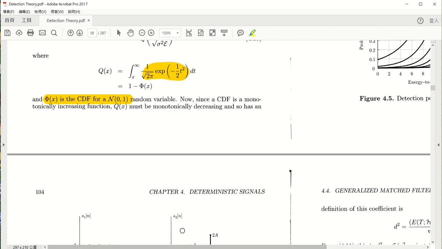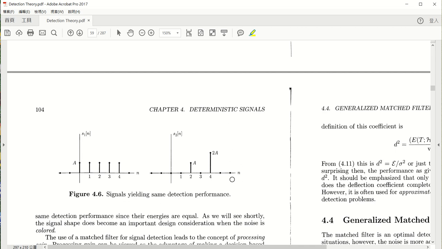Now let's go to the next page, 104. This is to mention that a signal with different shapes, for example, this is 0, 0, 0, A, and this is A, A, A, A, A. If you take the signal energy, you have A squared for this one, and you take the signal energy for this one, you still have A squared, which yields the same detection performance.